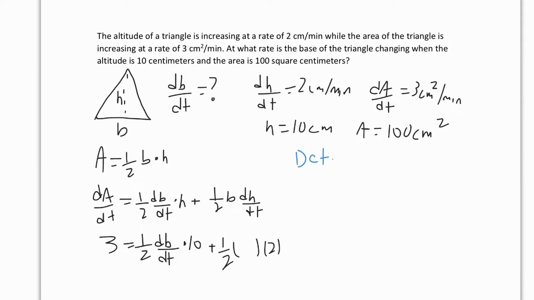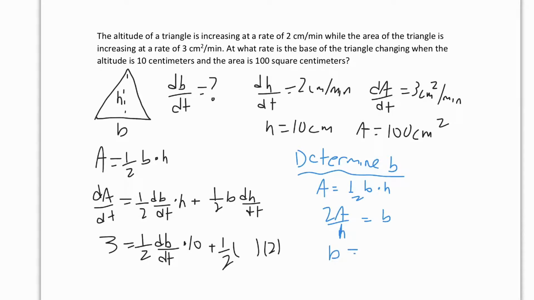We need to determine B. Well, we could solve for B because we have this piece of information for A. If the area is equal to 1/2 base times height, well then 2A over H will be equal to the base.